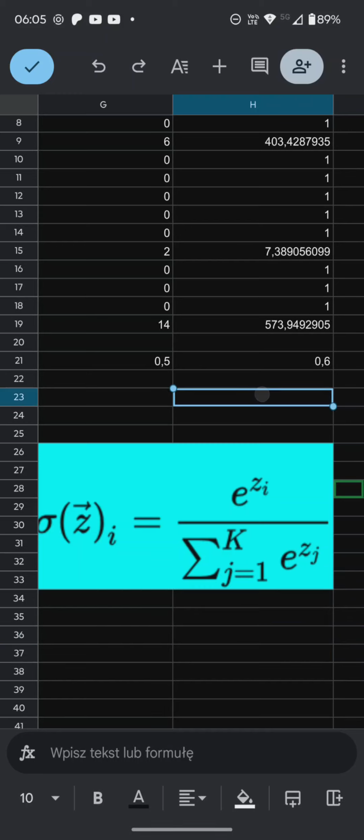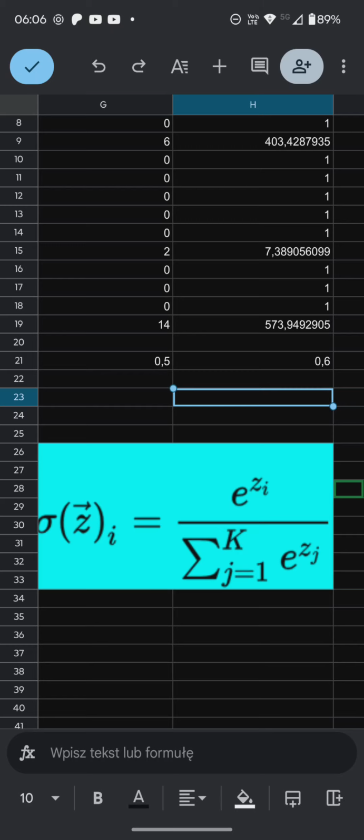The softmax function is very simple. You just take the number e, which is Euler's number, 2.718, one of the most famous numbers in the world, and you raise it to the power of each logit you have.